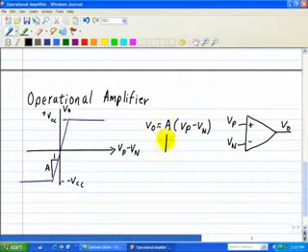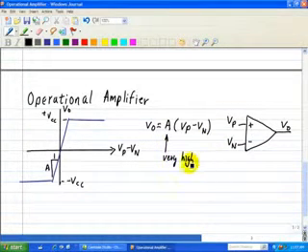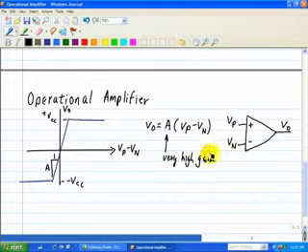So this is very high gain, upward of someplace 10 to the 6, a million. In fact, you can draw the characteristics associated with this in terms of a graph, where our input is the difference between VP and VN, and our output is the result right here.